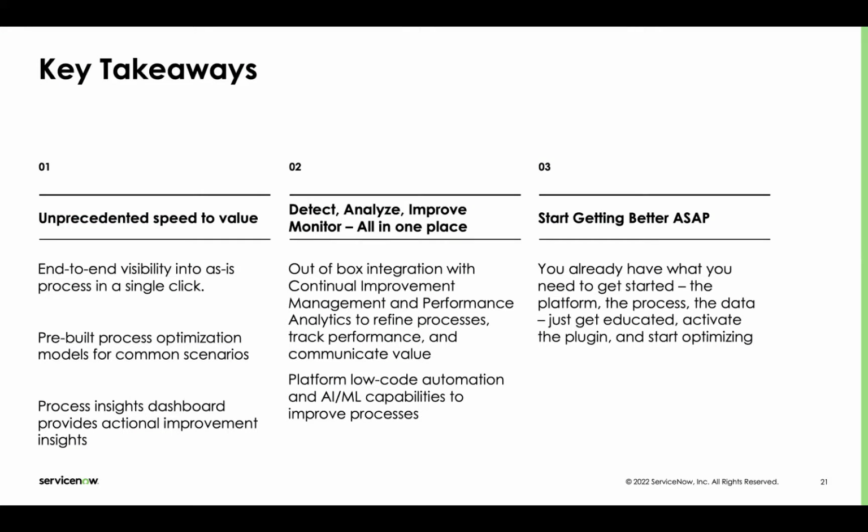So some key takeaways. One that I was just harping on is that unprecedented speed to value, or speed to insight. You just saw it in action. So you already probably have the data that you need to get started on your platform doing this today. All of you have the rights to turn this on in your subprod environment, and you can mine up to 4,000 records in your subprod environment without licensing the solution.